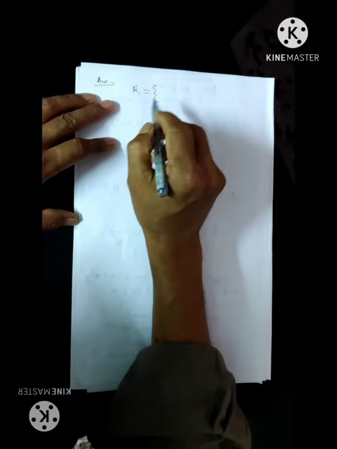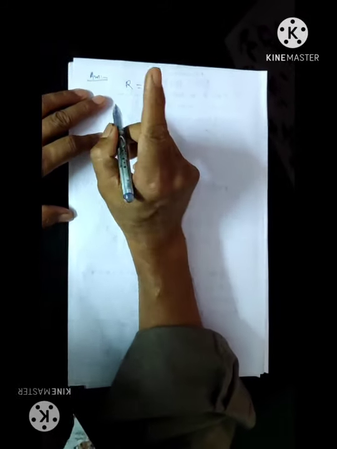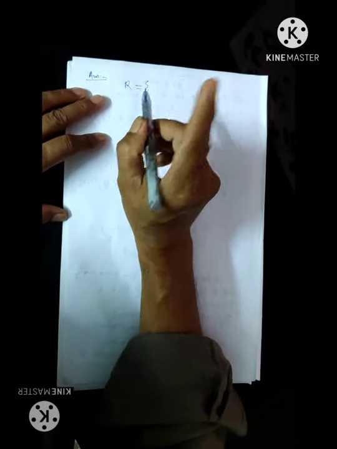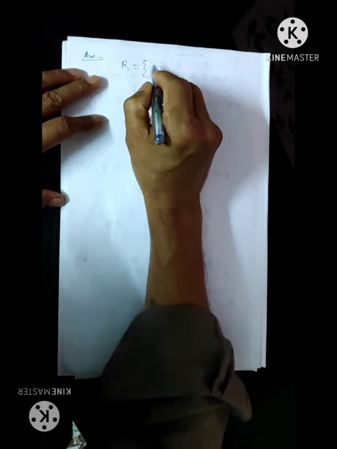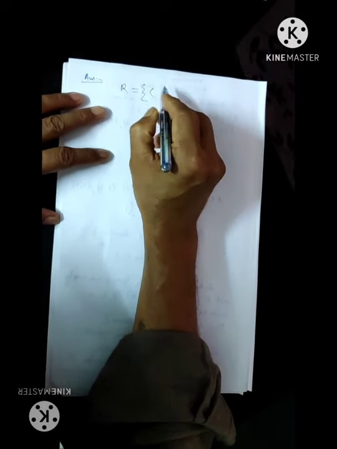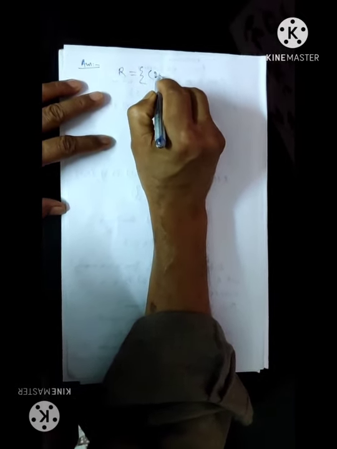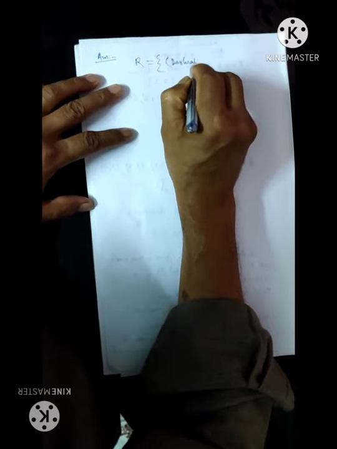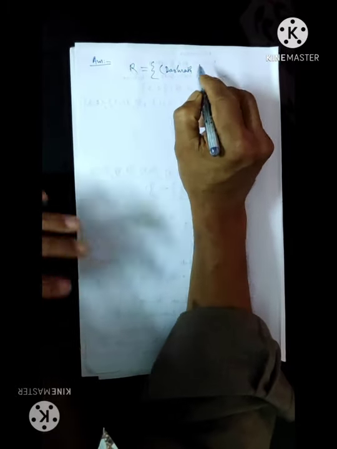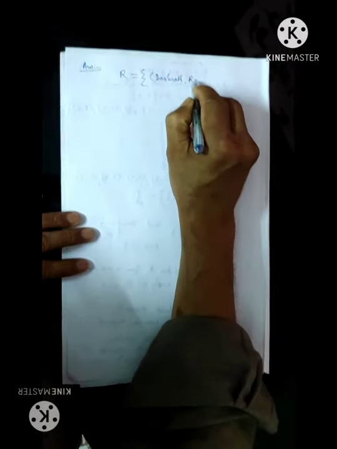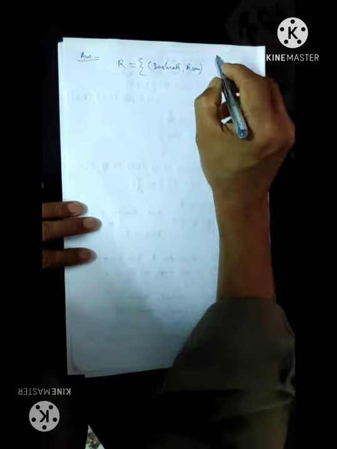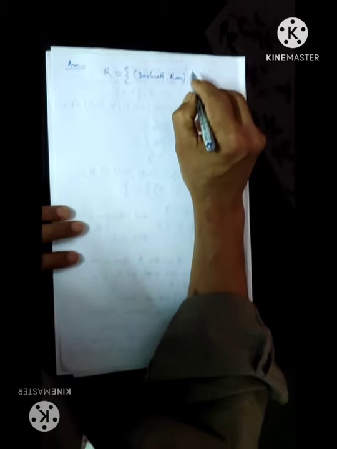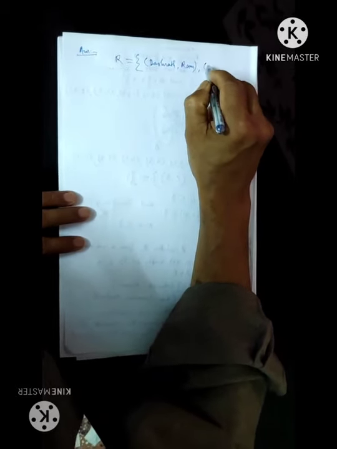So Dasarath is related to Ram. Ram is the image of Dasarath. The ordered pair is (Dasarath, Ram). This is an ordered pair. And another relation, (Dasarath, Lakshman).